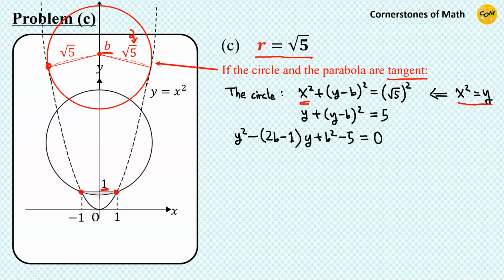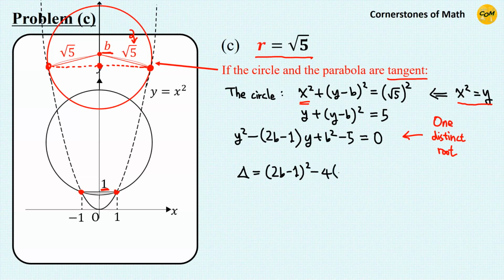When the circle and the parabola meet at only 2 points with the same y-coordinate, the quadratic equation must have only one distinct root, so the discriminant, which is (2b - 1)² - 4(b² - 5), must be 0. And if you solve this, you will obtain b = 21/4.